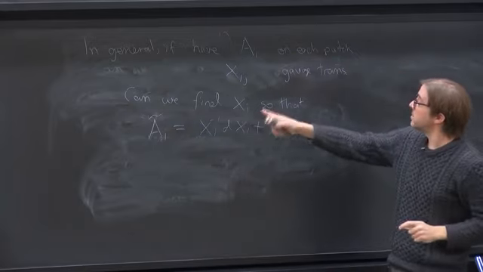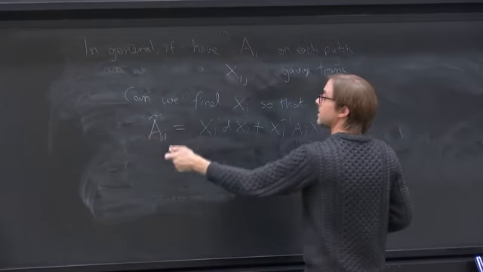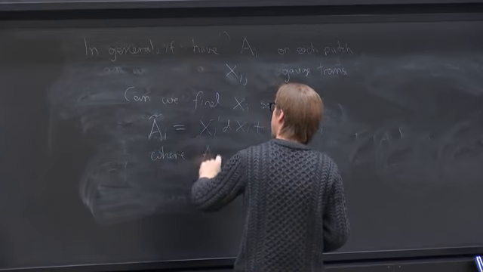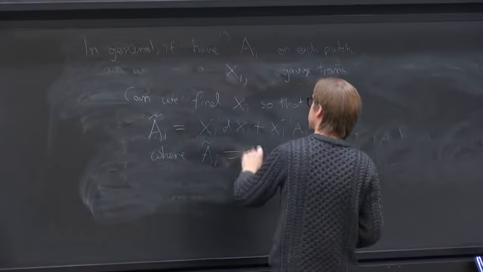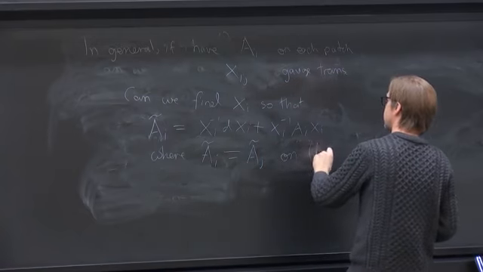So can I find a gauge transformation on each patch such that in this new gauge, the Ai tildes, where Ai tilde is actually equal to Aj tilde on the intersection?